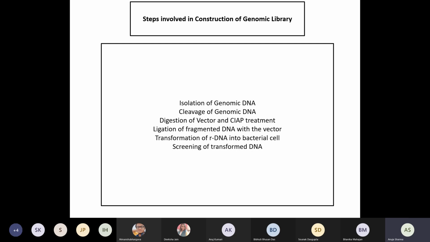Cleavage of genomic DNA using restriction enzymes depends on your interest too. In the introductory part, they told us that either we can use a 4 base pair cutter or a 6 base pair cutter, or we can partially digest with both.